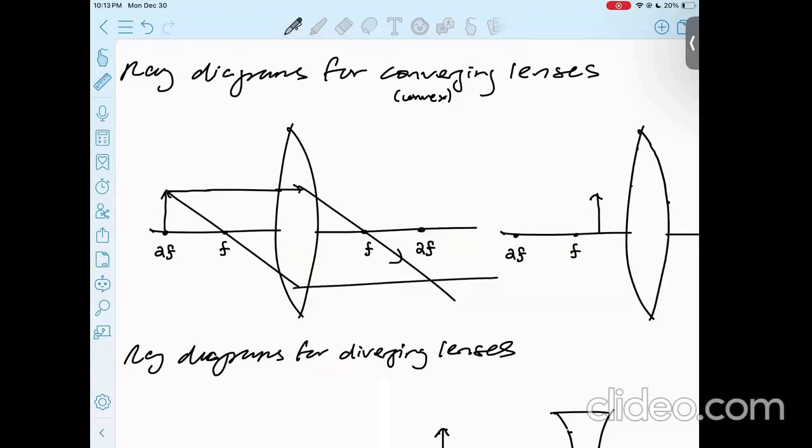And now this one comes out parallel. And then there is, as before, our third ray of interest, which is the one that goes directly through the center, which looks more like that. Beautiful. And so all these guys are meeting here. And so there's your image.